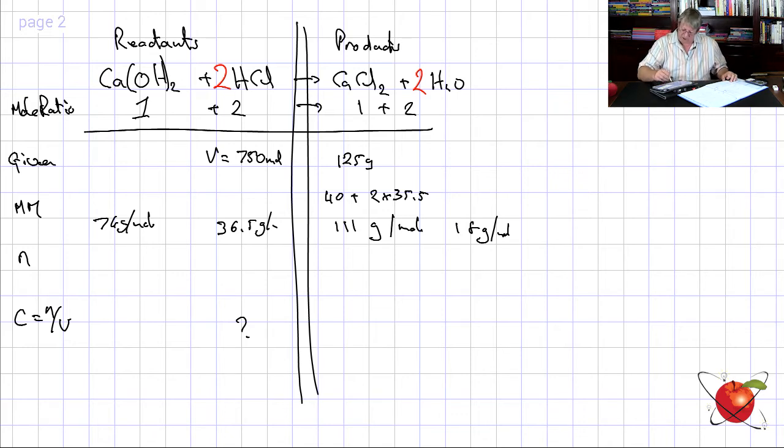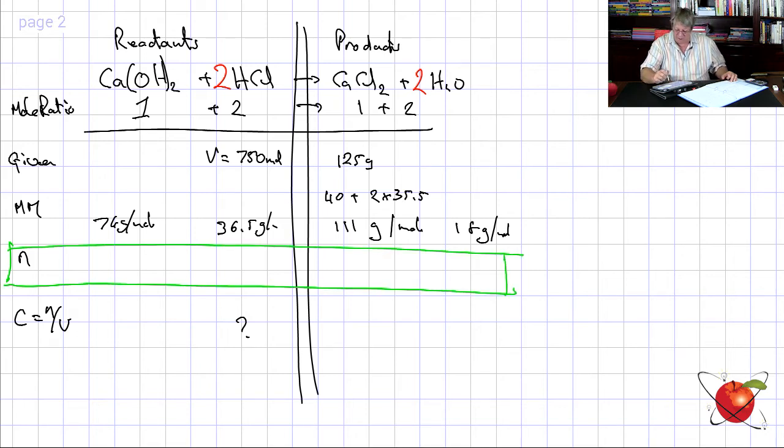Now, what we need to do is we now need to work out N. Well, let's have a look here, because where are we headed? We're headed here to the, I know, it sounds very childish, the mole hole, but any way of remembering it is worth it to me. So let's have a look here. What can we calculate? Hello, we can calculate N, the number of moles, right? How did we get it? Let's just check.